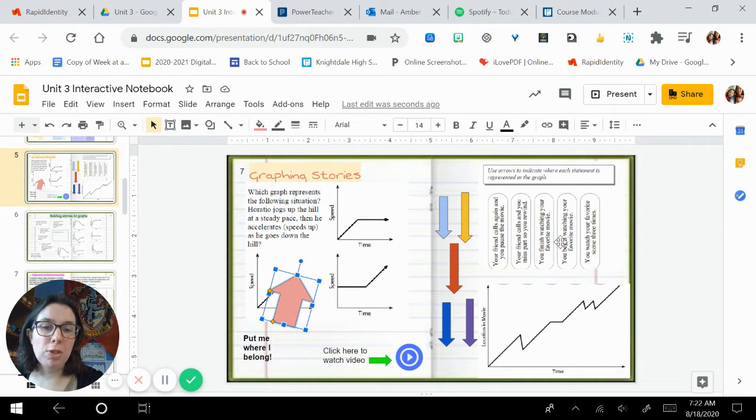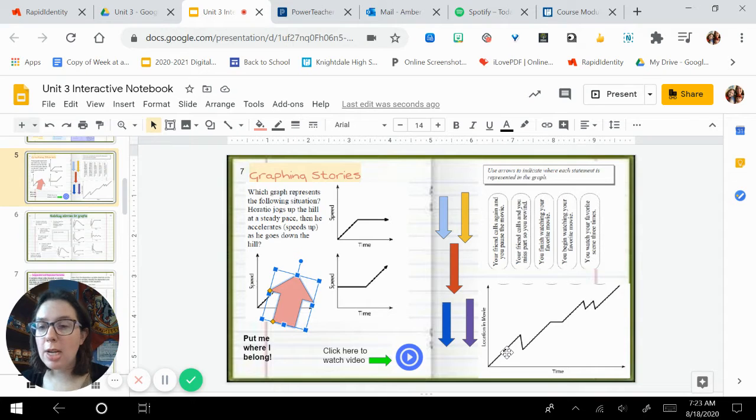Then we have this one, which just wants you to put the pieces in the correct order. It says use the arrows to indicate where each statement is represented. The first one is your friend calls again and you pause the movie. Pausing means the location in the movie is the same.